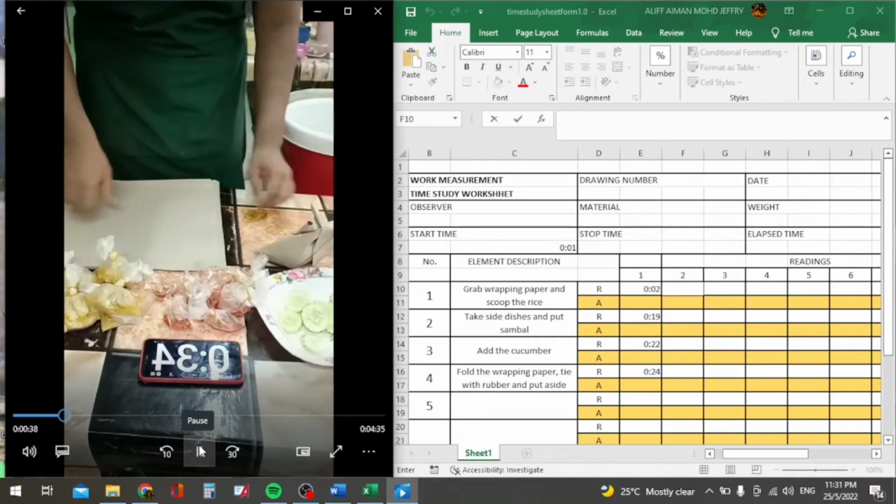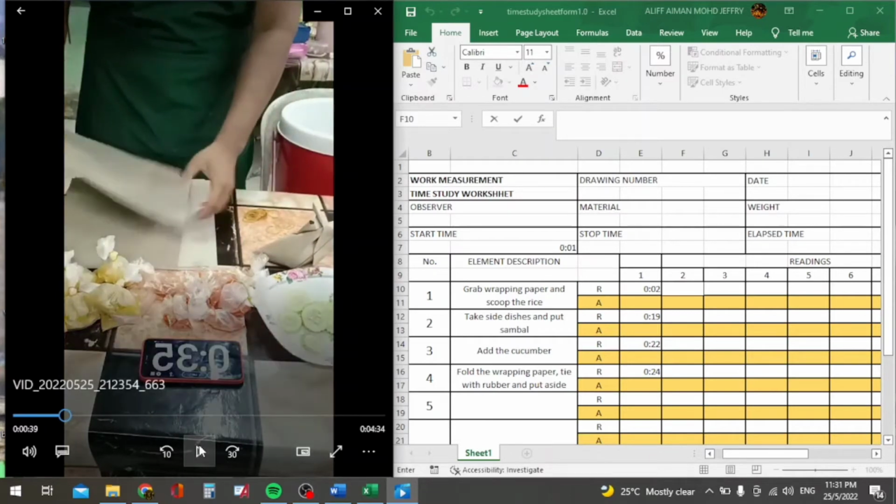For the second cycle, we put the time when the person touches the wrapping paper first, 0.35.